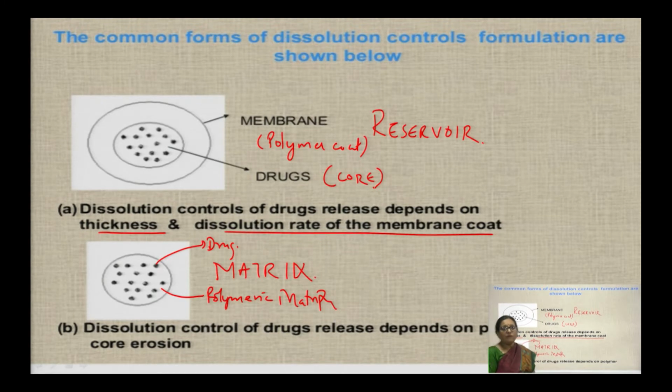Now, the rate of drug release in this case will depend upon the rate of erosion of the core, that is the rate at which this matrix will break down or dissolve. That will be the rate controlling step.